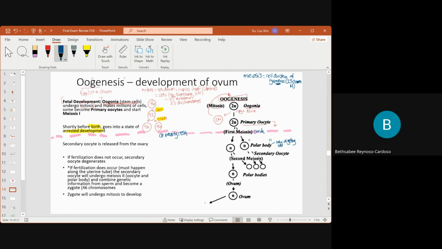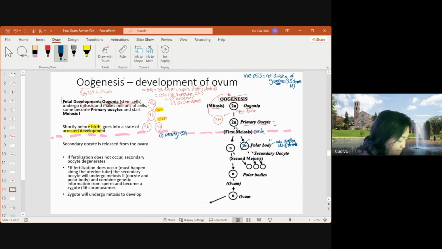Does it play any particular role besides getting rid of chromosomes? Nope, it's going to die off. It's going to undergo atresia. So that cell that becomes the polar body essentially just has the chromosomes. It's not going to have any of the organelles. It's not going to have any mitochondria.